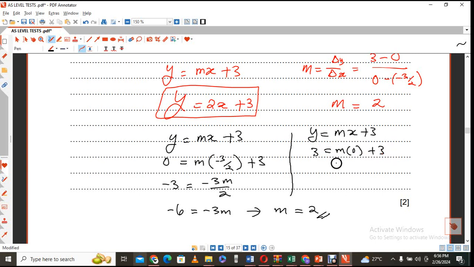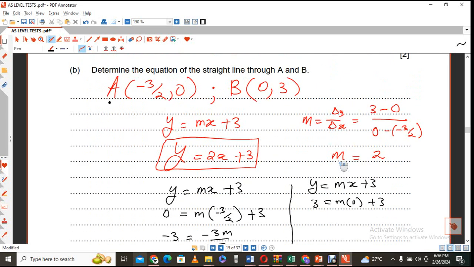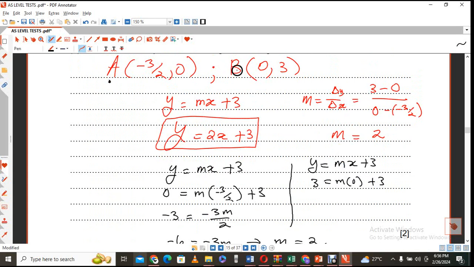This is not really going to help us because now it makes the gradient to be naught. Can you see that? The x value is 0, it's not really going to help us, because we now want to find what the gradient is, and anything times that 0 is going to be nothing but 0. So all this one confirms is just what the y-intercept is.